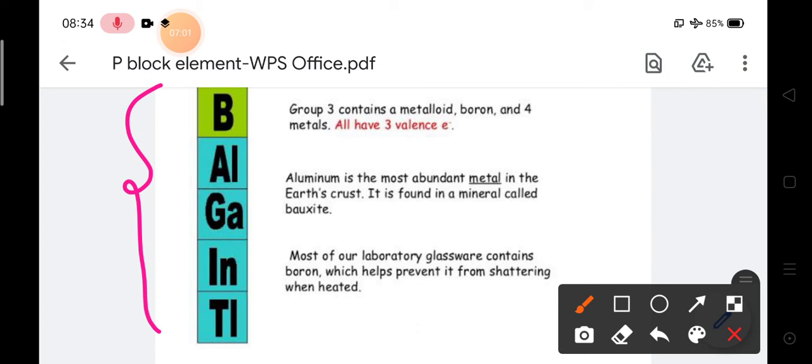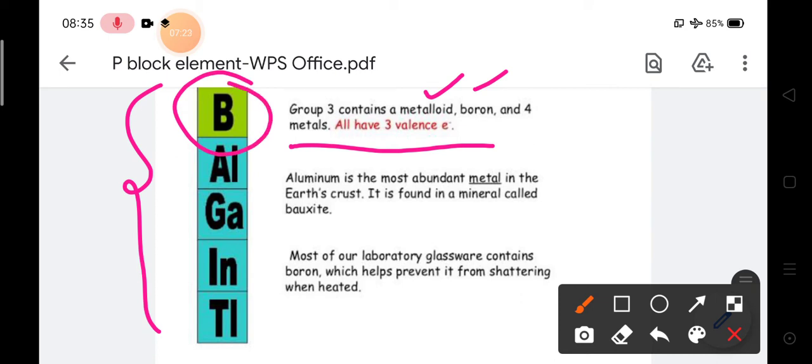Group number 13 contains mainly the metalloid boron and 4 metals, and all have 3 valence electrons. In group number 13, only boron is a metalloid, and the rest are all metals.